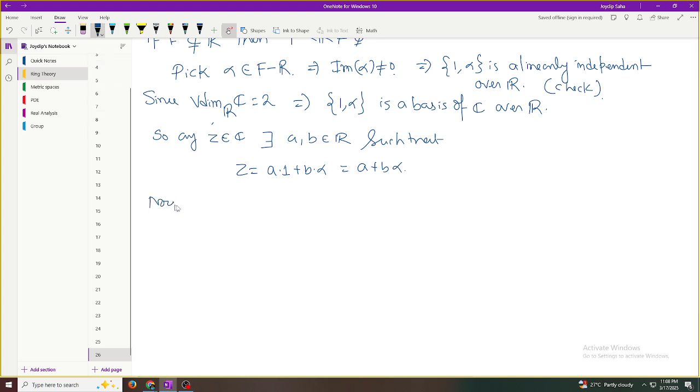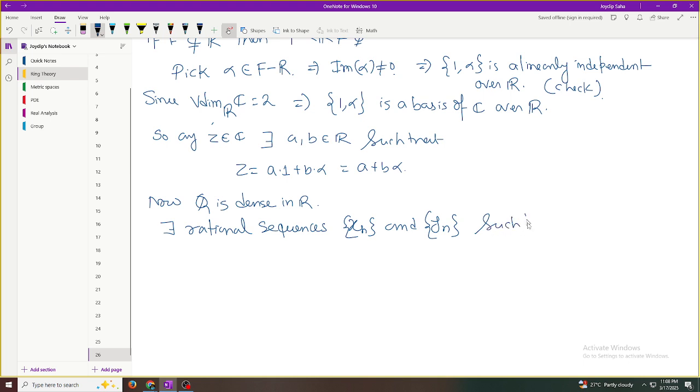Now Q is dense in R, all of you know. So there exists a rational sequence xn and yn such that the limit of xn equals a and the limit of yn equals b.